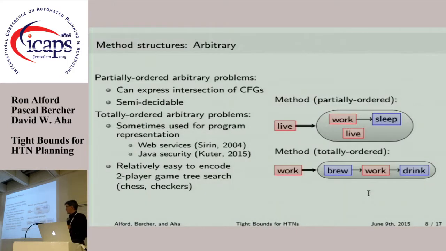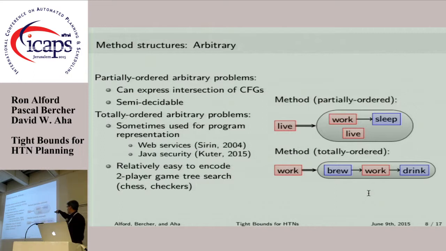There's also a relatively understudied class of HTNs, which is arbitrary recursion. So this is the rest of HTN planning. Partially ordered arbitrary problems are what gives HTN planning its undecidability. So you can express the intersection of context-free grammars, and this, of course, is a semi-decidable problem.